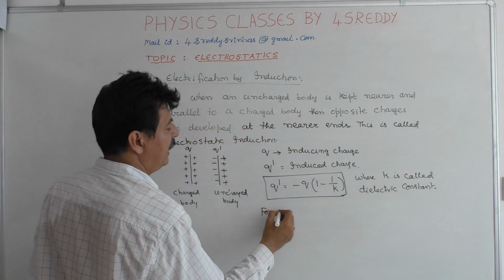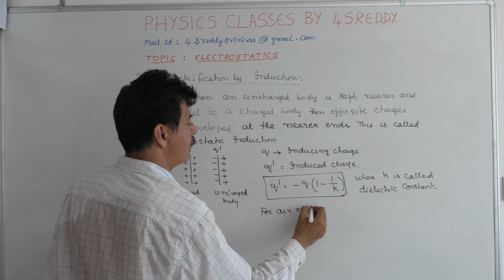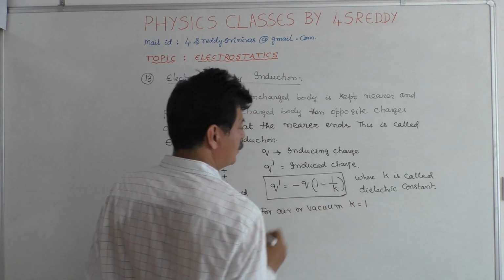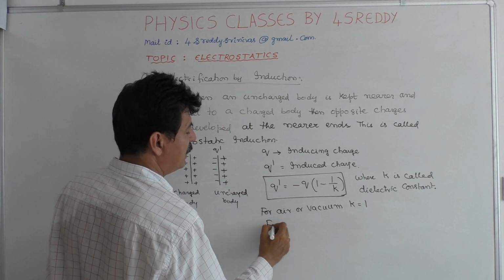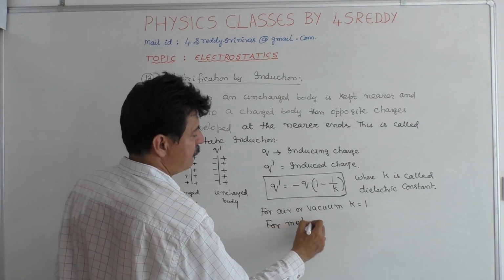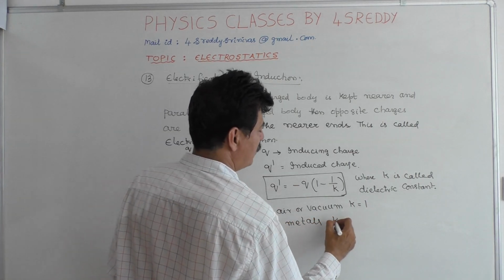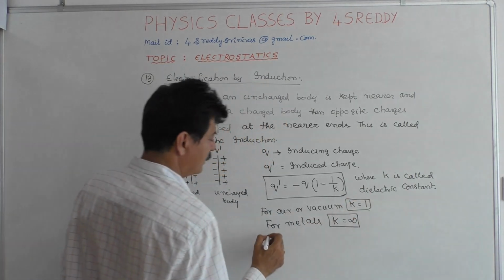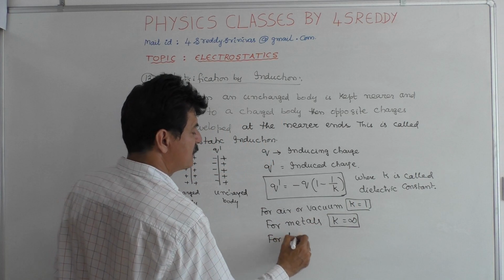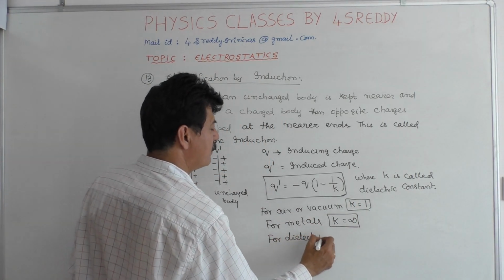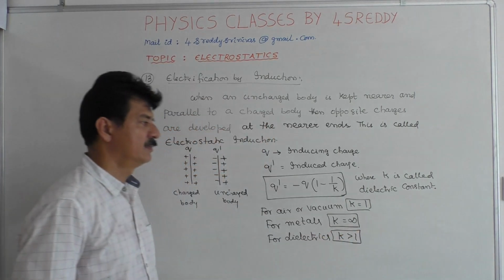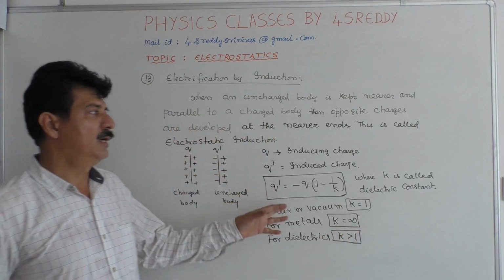Here, for air or vacuum, K is equal to 1. For metals, K is equal to infinity. And for dielectrics, K value is greater than 1. So this is the point here.